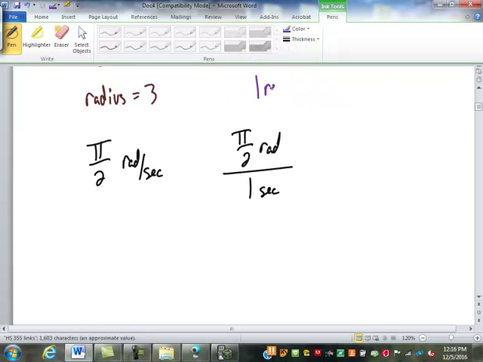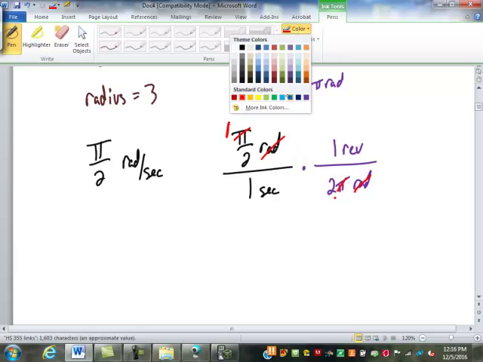We know that 1 revolution equals how many radians? 2 pi. So I'm going to put 2 pi radians down here, and 1 revolution on top. So now the radians will cancel out. Pi's will actually cancel out, so this is going to be 1/2. And this will just be 2.